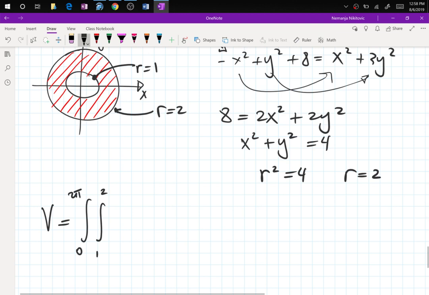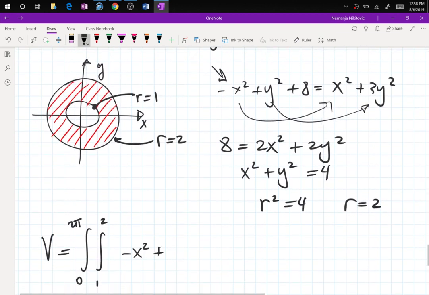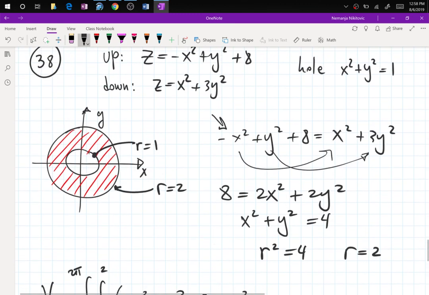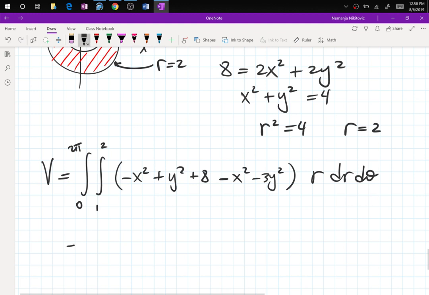So I have negative x squared plus y squared plus 8. Subtract that x squared minus 3y squared. I have r dr d theta. I have to clear this algebra and then work out the integration.